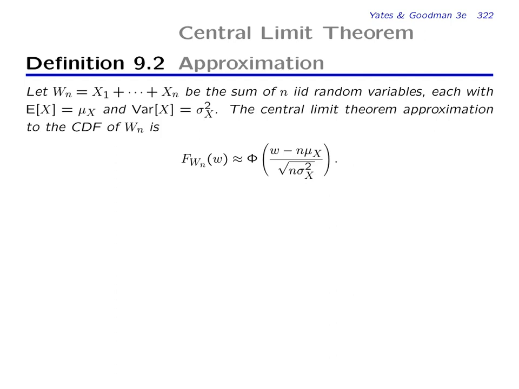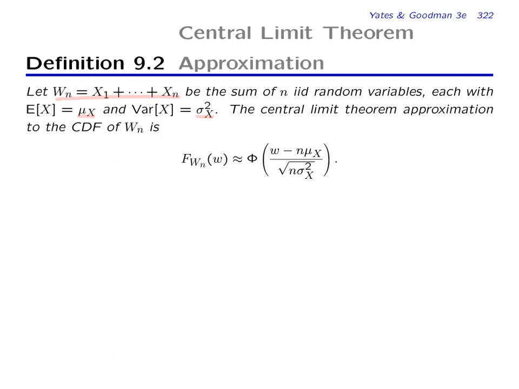Because the central limit theorem is a good approximation even for small numbers of random variables, it's useful to define a little more carefully the idea of a central limit theorem approximation. So the idea here is that you take some random variable W_n, the sum of n iid X's, each with expected value mu_X and variance sigma_X squared, but you don't specify any particular distribution for the X's.